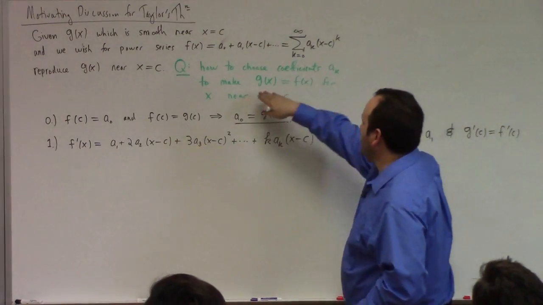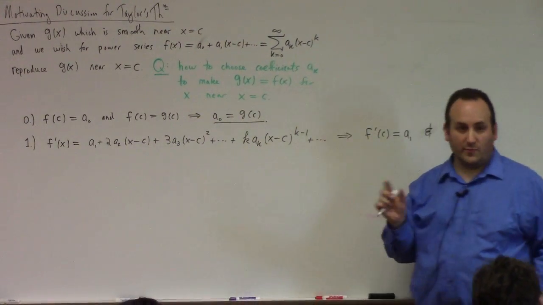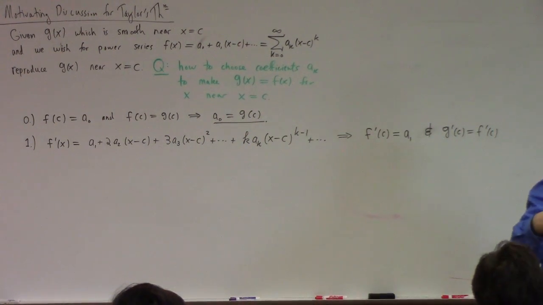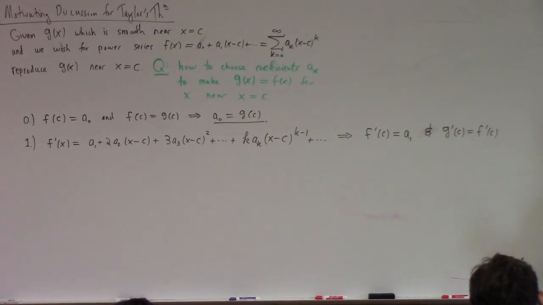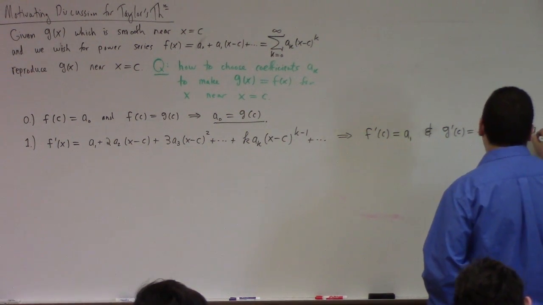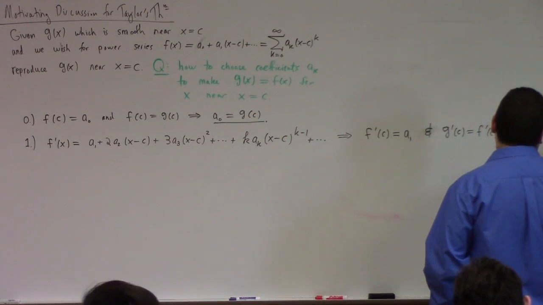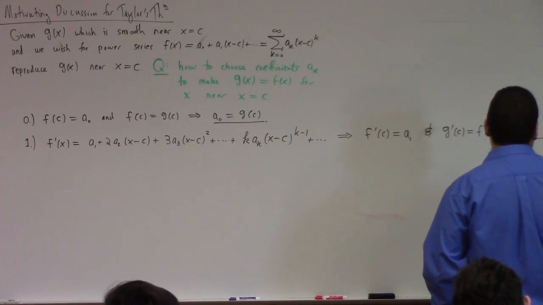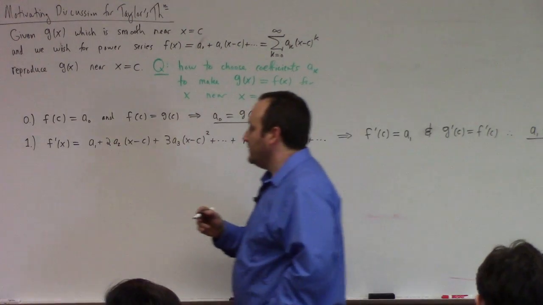If two functions are equal near a point, then the differential consequence is that all their derivatives are equal as well. So the functions must match at c, the first derivatives match at c, the second, third, fourth, the kth derivatives match at c. That's the data we're going to use. So therefore, a sub 1 is g prime of c. All right, two down, infinitely more to go.